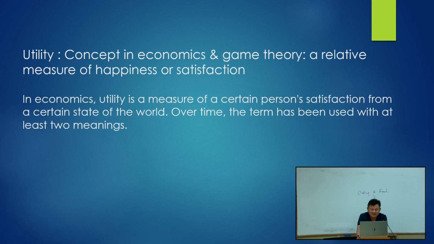Game theory is an approach based on utility, a relative measure of happiness or satisfaction. Happiness? I don't agree with happiness, just satisfaction. In economics, utility is a measure of a certain person's satisfaction from a certain state of the world. It means rationally buying goods and services.